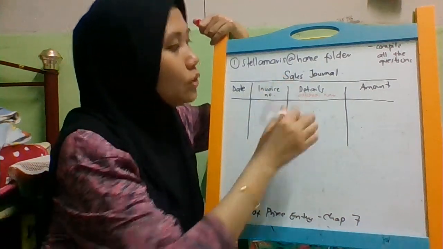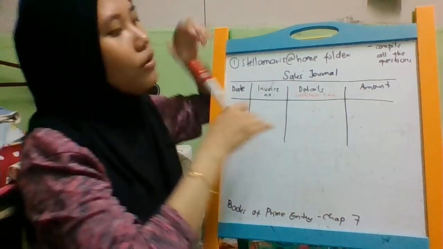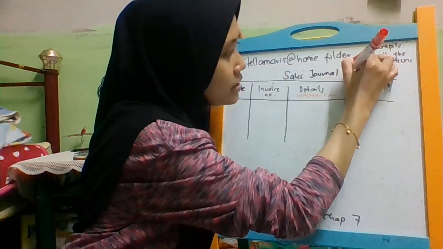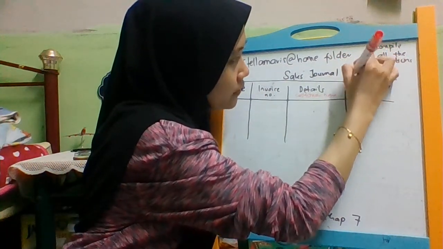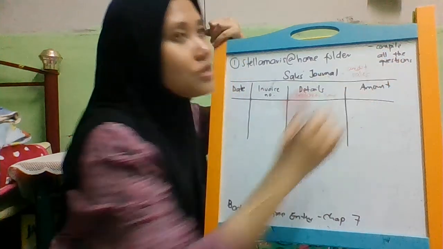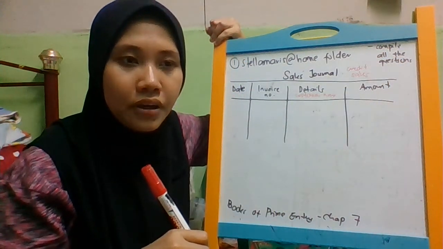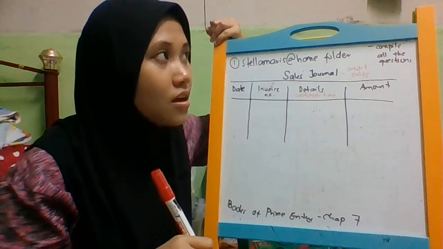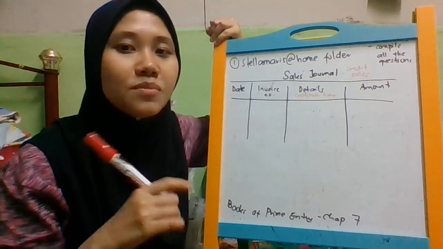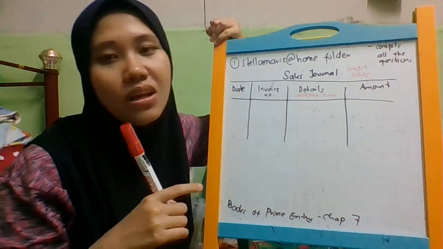The sales journal is only for credit sales. Credit sale doesn't mean that you have to put it on the credit side. No, credit sale means you are selling the goods but your customer didn't pay you on the same day.